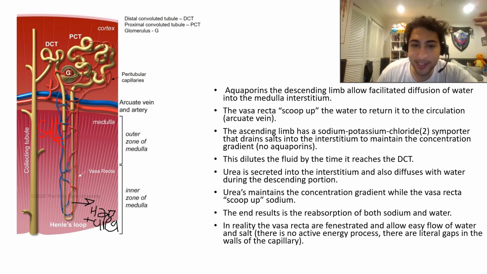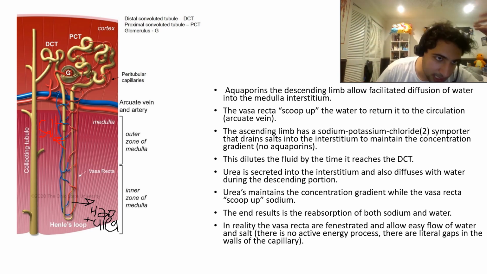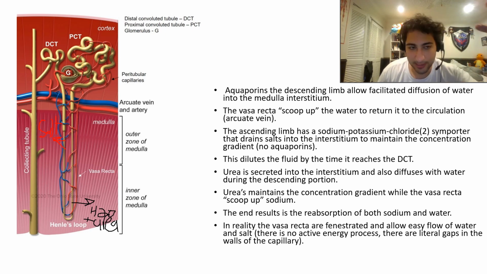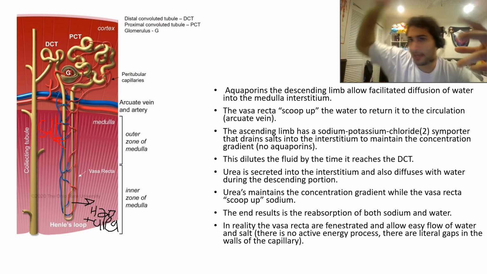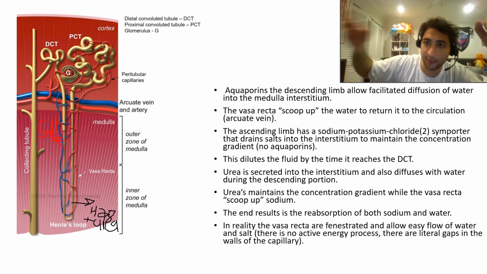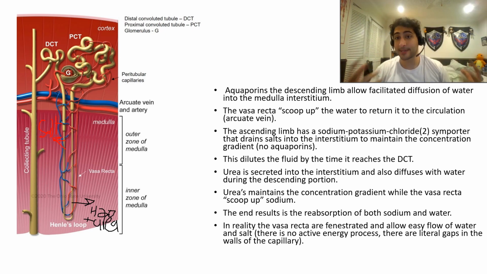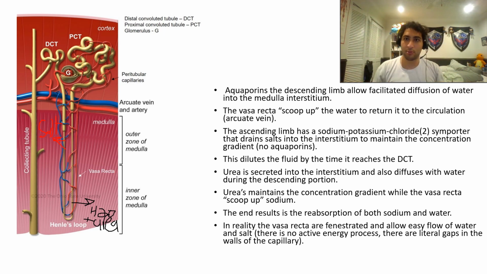So it is this constant flow of water and salt and this constant flow of the vasculature that goes parallel to the limbs that allows reabsorption, with the fluid being dragged away, and that allows this constant concentration gradient to form. But what maintains the concentration gradient? It's the urea. So there are different parts of the countercurrent multiplier system.